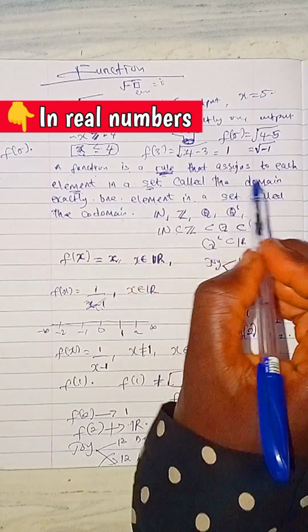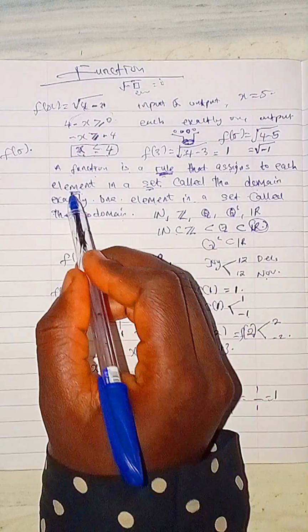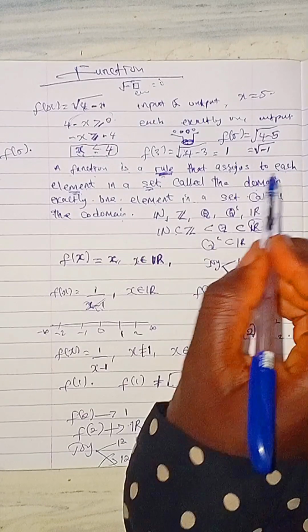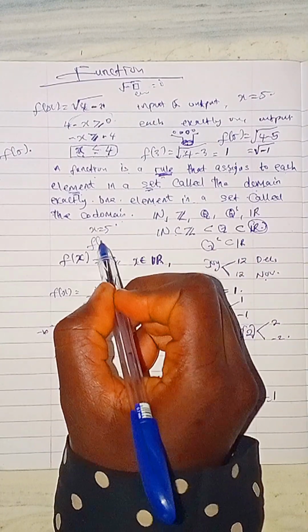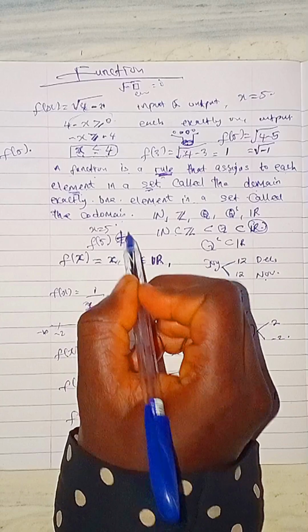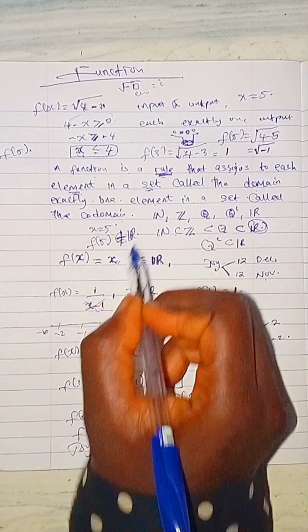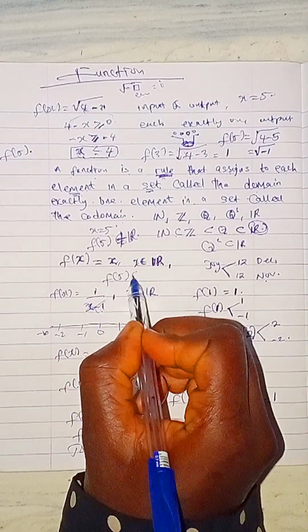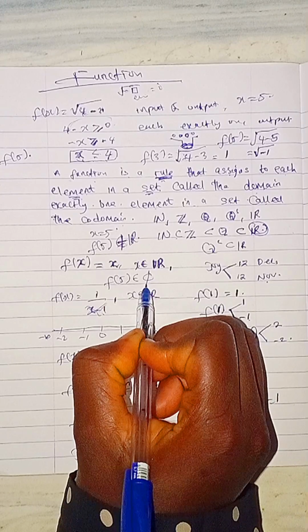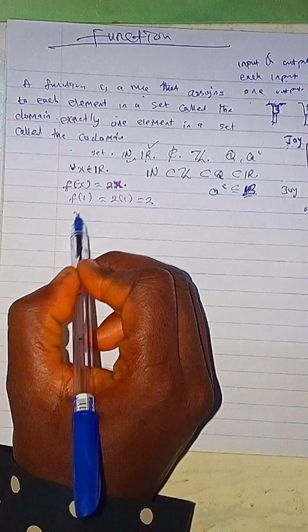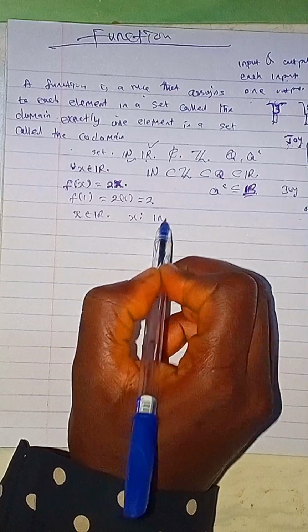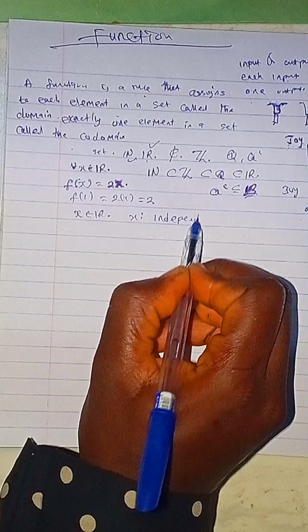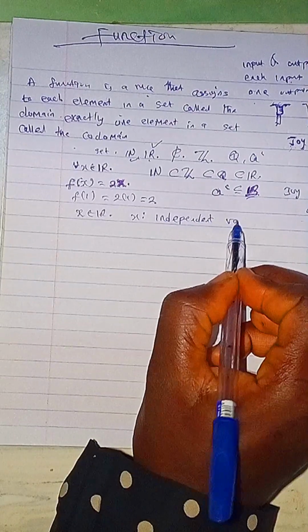So in that case, for the input equal to 5, f of 5 is not in the real numbers. f of 5 is in the complex numbers, while x is coming from the real numbers. x is called the independent variable.